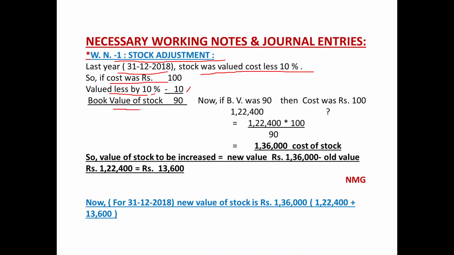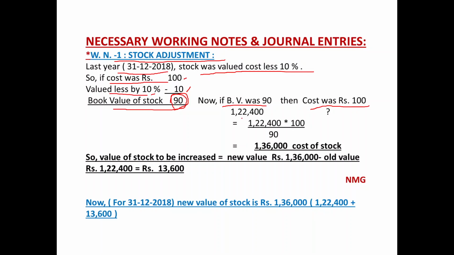That gives the book value of stock 90 rupees in the last year. Because original cost was 100 and it was valued less by 10 percentage. So it means the valuation was made at 90 and now it is to be shown at its cost price. So if book value was 90, then cost was 100.